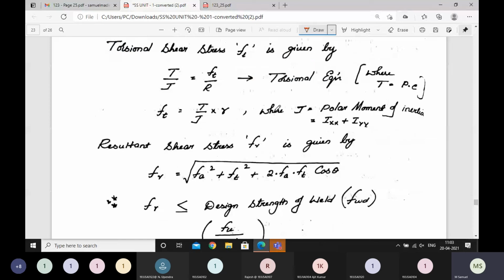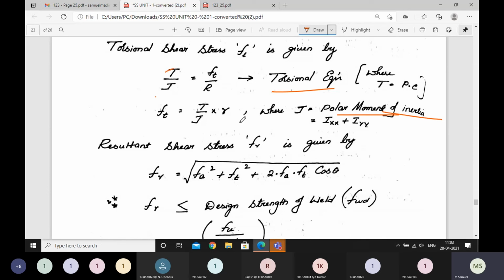In order to find out this torsional shear stress, you need to go to the torsion equation. What is the torsion equation, guys? T by J is equals to Ft by R. R is nothing but radius of curvature. J is polar moment of inertia.